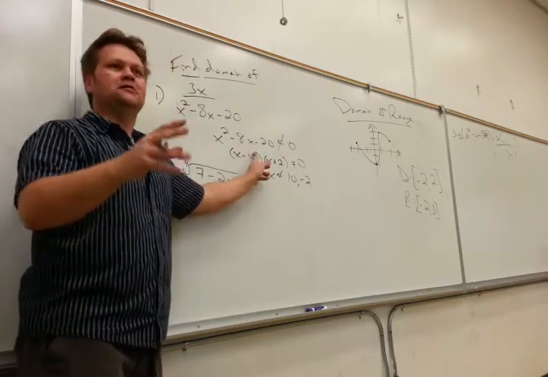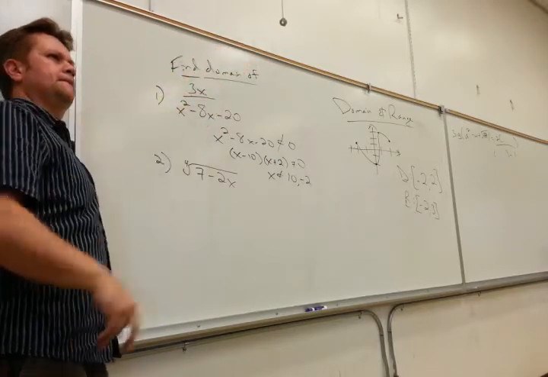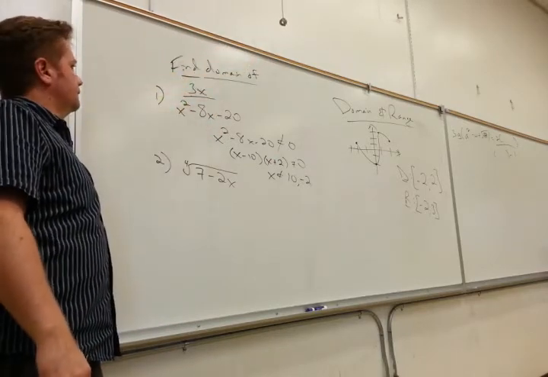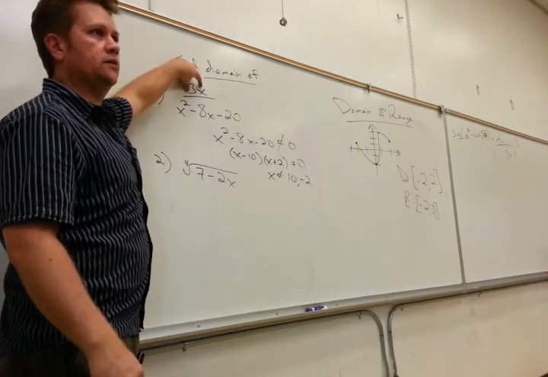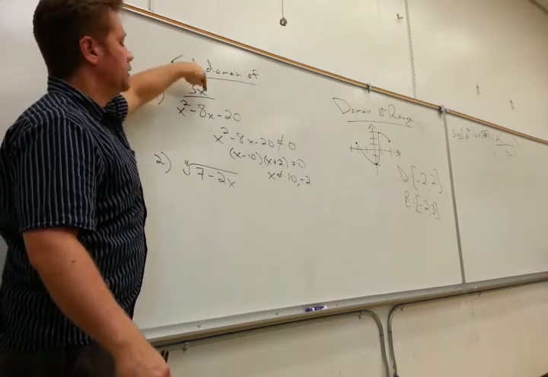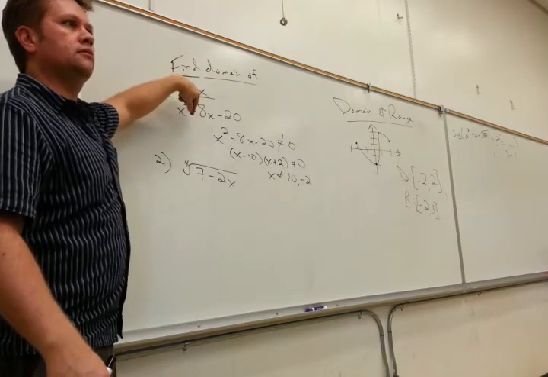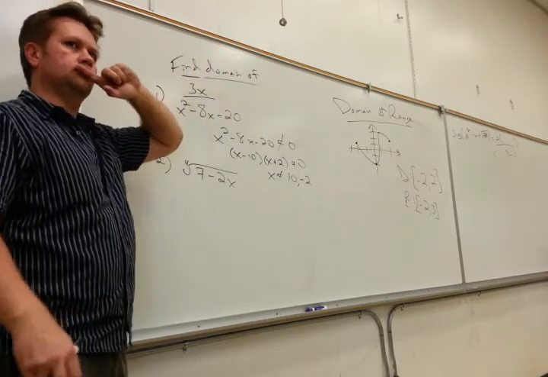What's up with the 3x? Why does the 3x not matter? Because the top can be whatever it wants to be. Even if there was something that would cancel out with the bottom, that doesn't matter. The bottom cannot be 0, period.